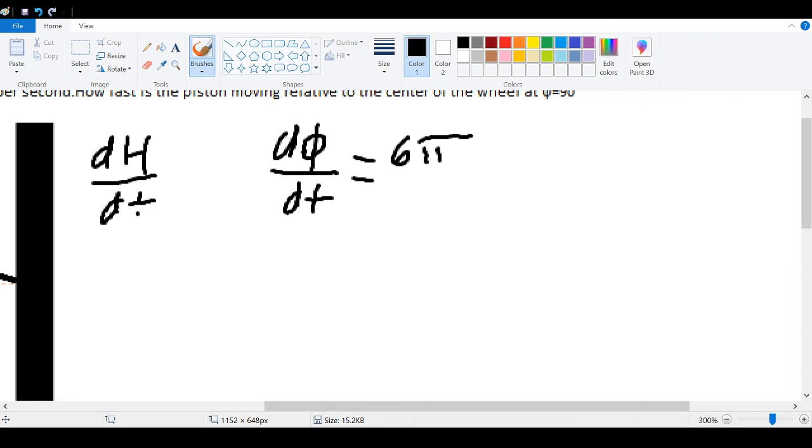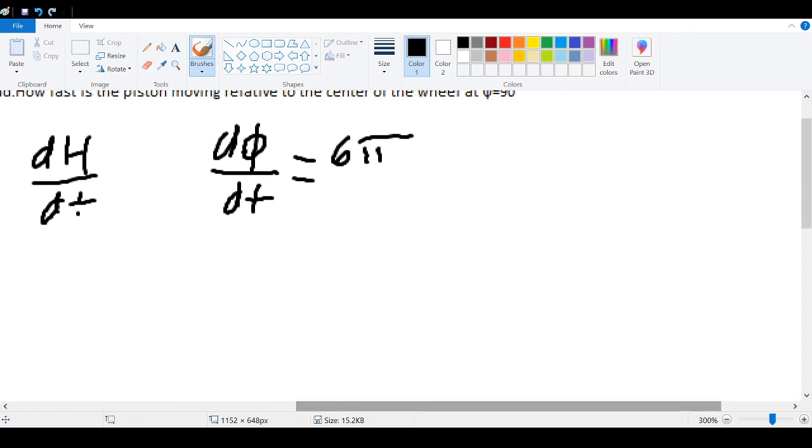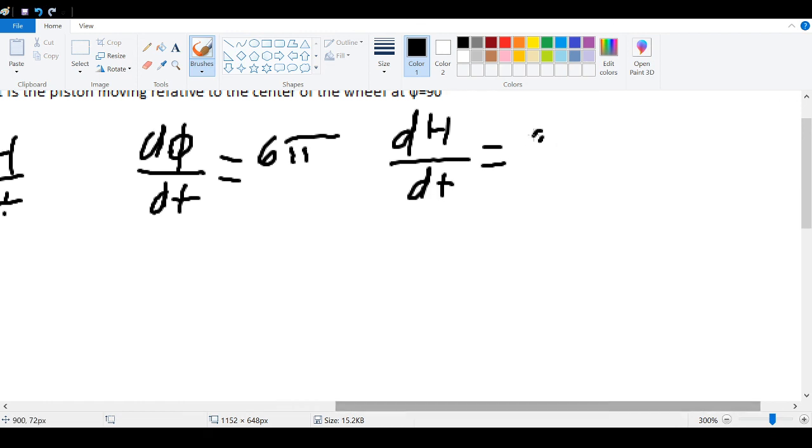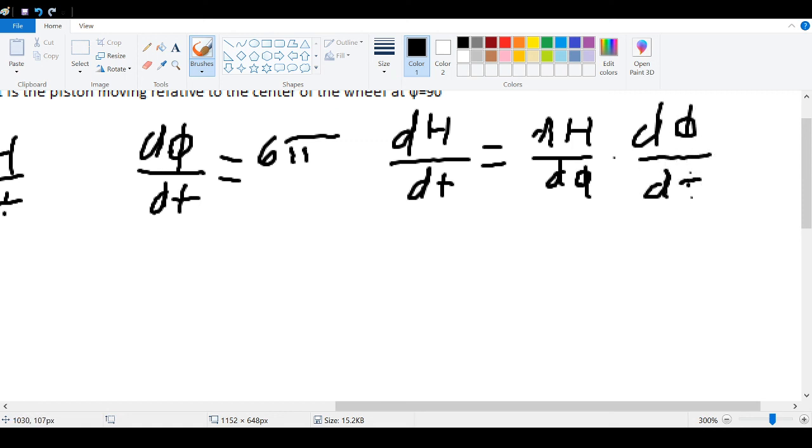And so one might try to find dh dt in the following method. Let's say we know that dh dt would be equal to dh d phi times d phi dt.